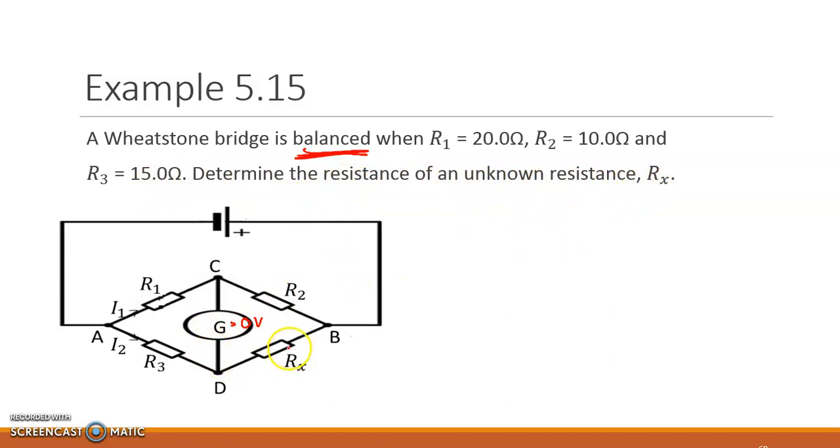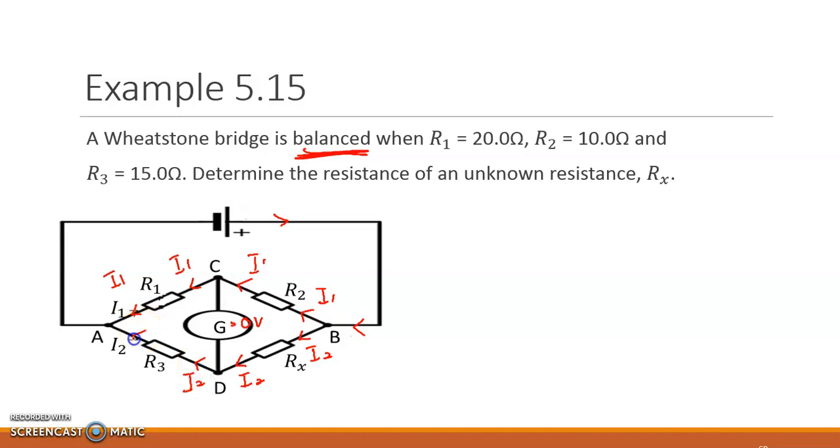So from here, we can see that the current flows from here, and then it will split into two. Let's say this is I1. And then here we have I2.